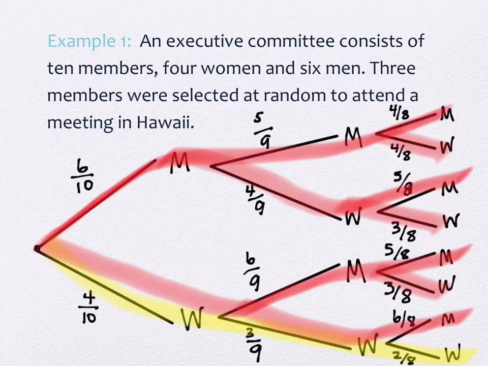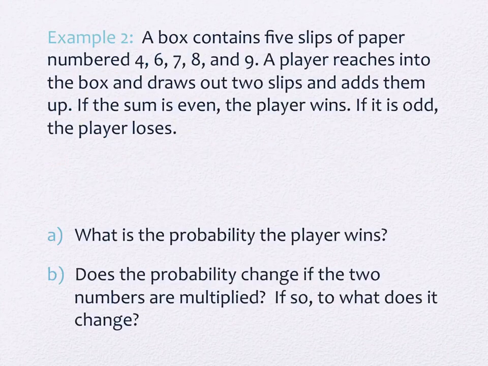We'd have 4, 6, 7, 8, and 9. And then we'd have branches off of each of those. And it'd be a big tree diagram. It'd be really messy. But if you take a look at what the questions ask us, the probability the player wins, and then part B is a little bit different, them winning or losing doesn't really have to do with the individual numbers that are selected.